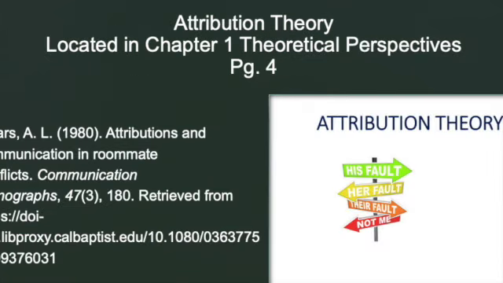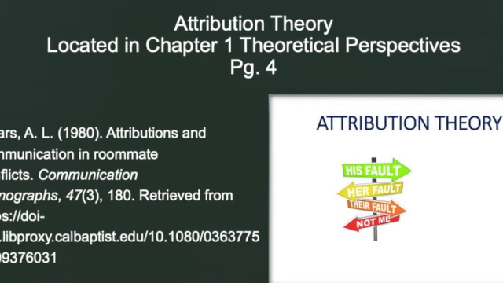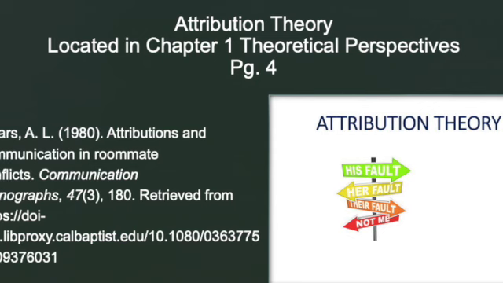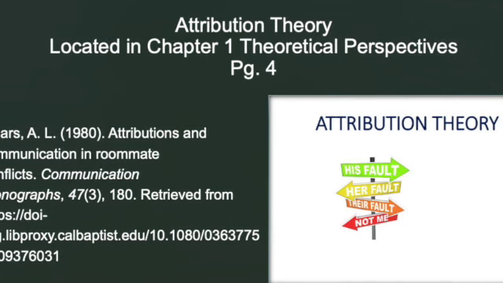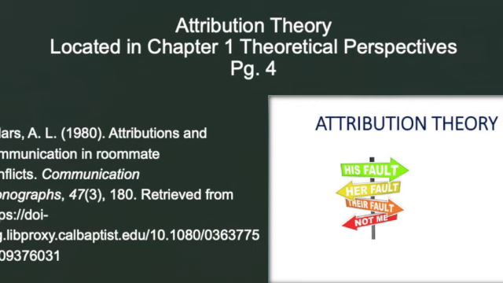Attribution theory is located in Chapter 1, Theoretical Perspectives, and can be found specifically on page 4. The theory is explained as people making assumptions based on what is relevant to them, or basically people making explanations as to why the other party is asking or fighting for something.